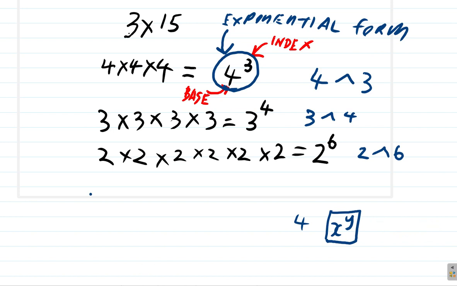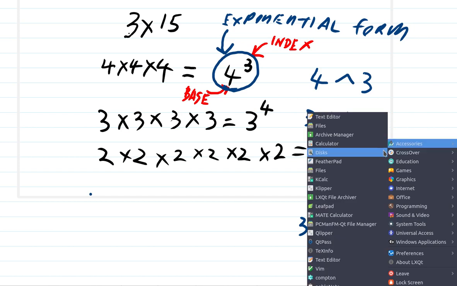Now, some calculators, that's not what they have. What they have is the caret symbol. So you say, for example, 3, you press the caret, and 4. By the way, what would that give us? Let's look at it.